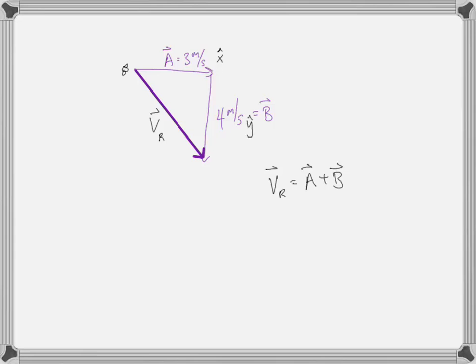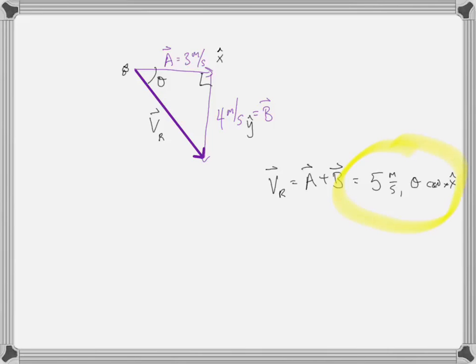No. Is it equal to 1? No. What is it equal to? You can actually do the geometry of this right triangle to find that it is equal to 5 meters per second at some angle, which I haven't figured out, theta, below the plus x axis, clockwise from plus x.